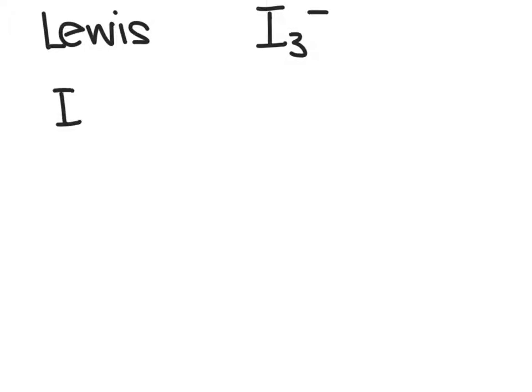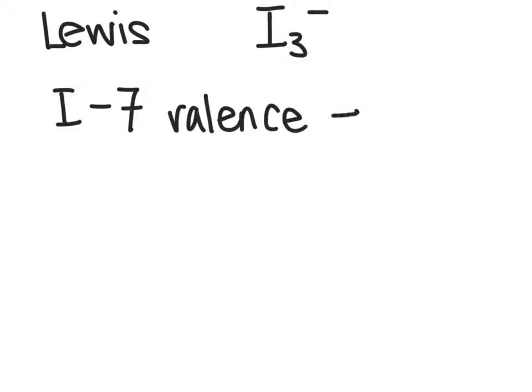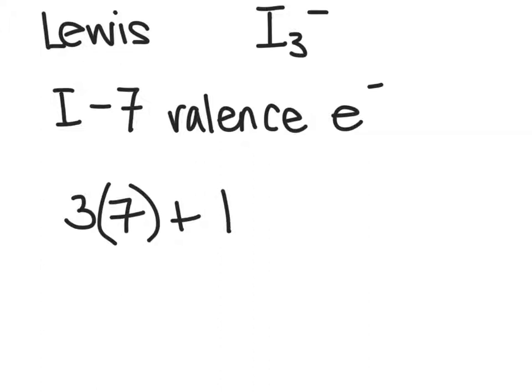Iodine has 7 valence electrons. So for the ion, the total number of valence electrons is: I have 3 iodine atoms at 7 valence electrons each, plus for the negative charge, 1 extra electron.